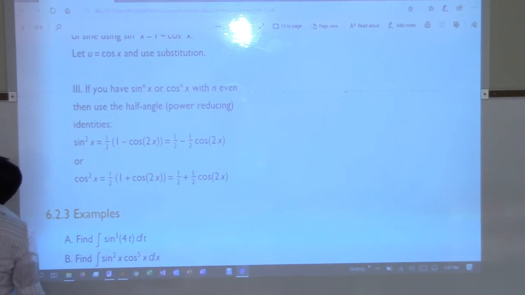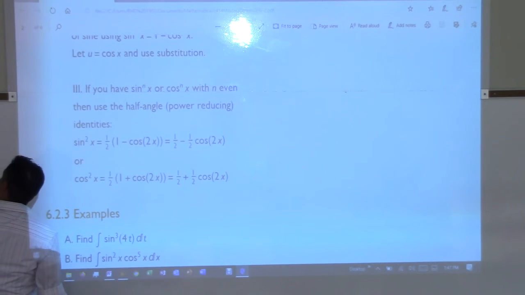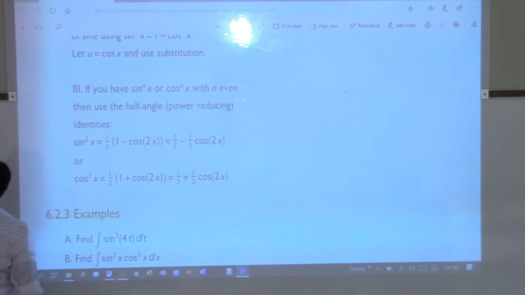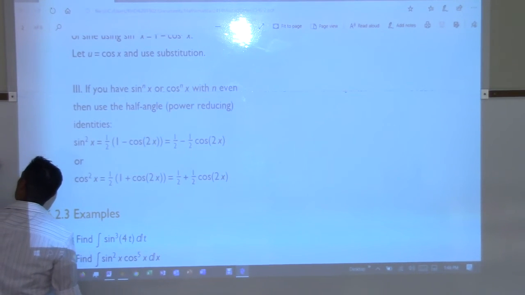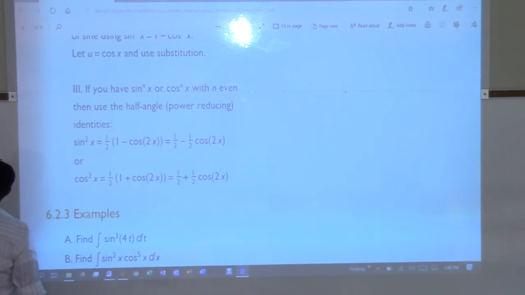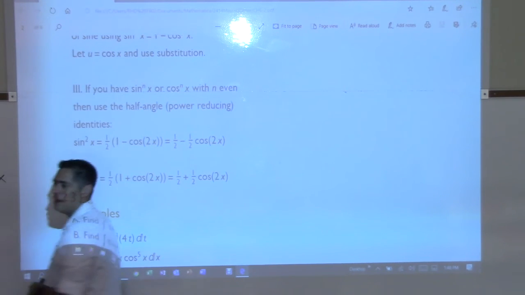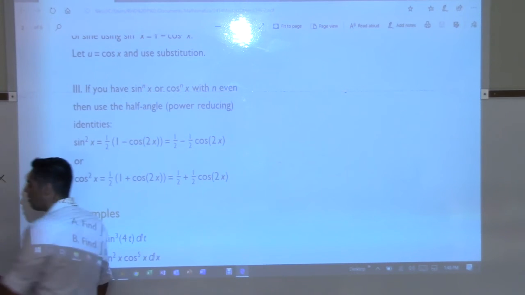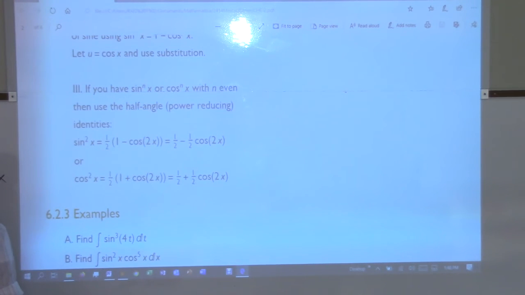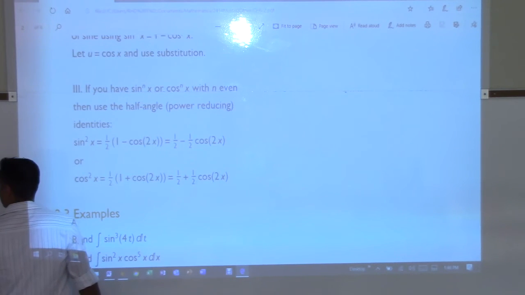Sine squared x plus cosine squared x equals 1. Remember that that's the same as cosine squared x equals 1 minus sine squared x. And we can also write that sine squared x equals 1 minus cosine squared x. All those are equivalent. And then we have the power-reducing formulas that say sine squared x equals 1 minus cosine 2x over 2.